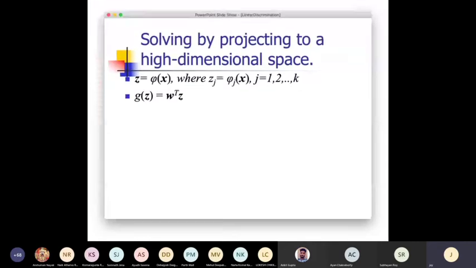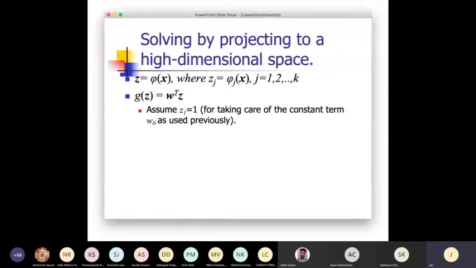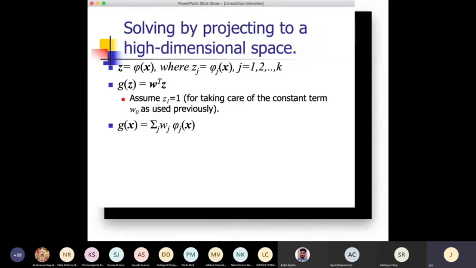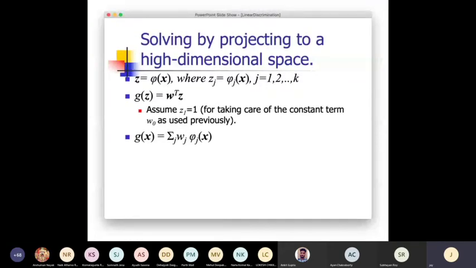And even the use of w naught is not in this expression, because you can always assume that z1 itself is 1. So you can use this conveniently for the linear operations that we have mentioned. So finally, your discriminant function with these basis functions phi j of x, with this transformation, looks like this.